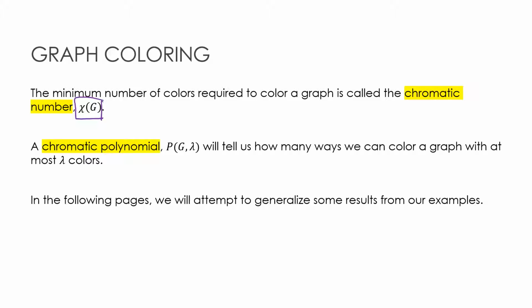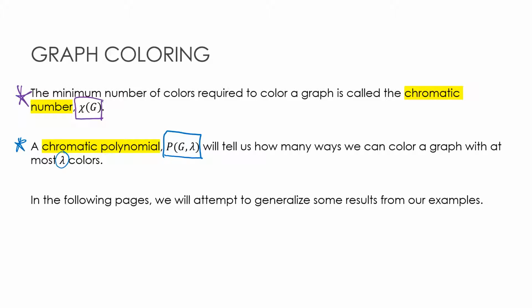The other, which we haven't looked at yet, and we're going to focus on the first one first, but we will transition to looking for the chromatic polynomial, which is P(G, lambda), which will tell us how many ways we can color the graph with at most lambda colors. So that's going to be some number of colors.